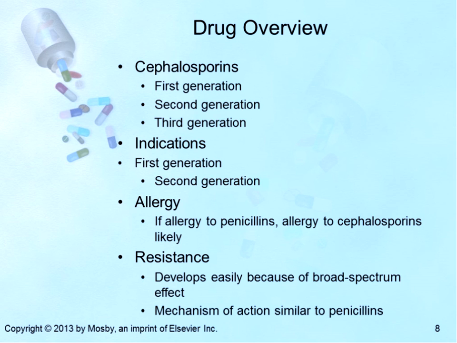Resistance has developed easily because of the broad spectrum effect of cephalosporins. The general mechanisms of resistance have been identified, the same ones as for penicillin. The most common mechanism of resistance to cephalosporin is the destruction by hydrolysis of the beta-lactam ring by beta-lactamase.